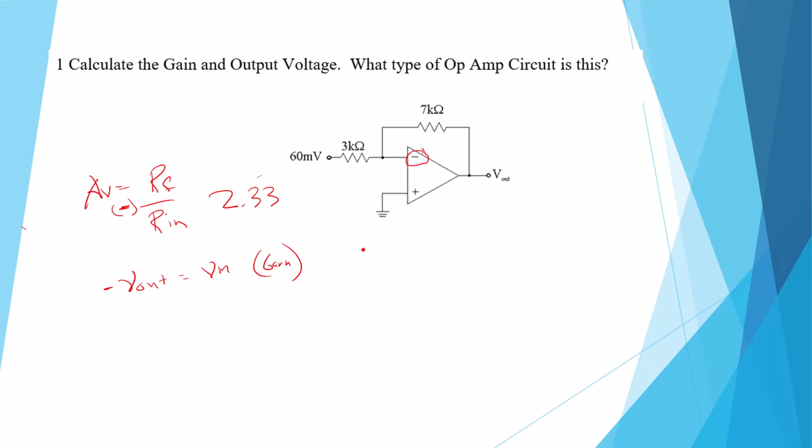Let's try that again. So 7 divided by 3 times 60 EE minus 3 comes out to 0.14 volts, or 140 millivolts minus.